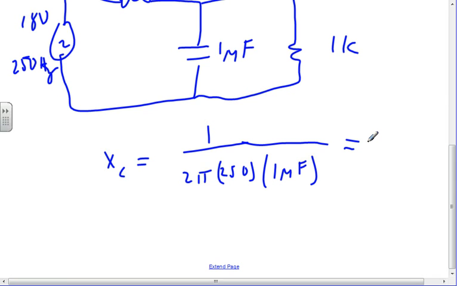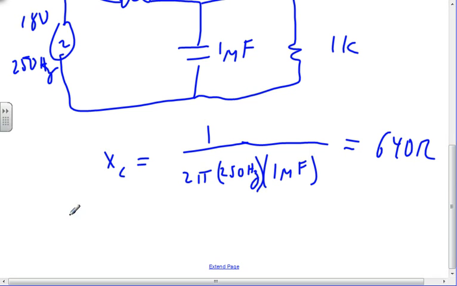We'll call it 640. 640 ohms is what we'll call it. Want me to throw in a hertz there? Is that what you're complaining about? 250 hertz. That better?